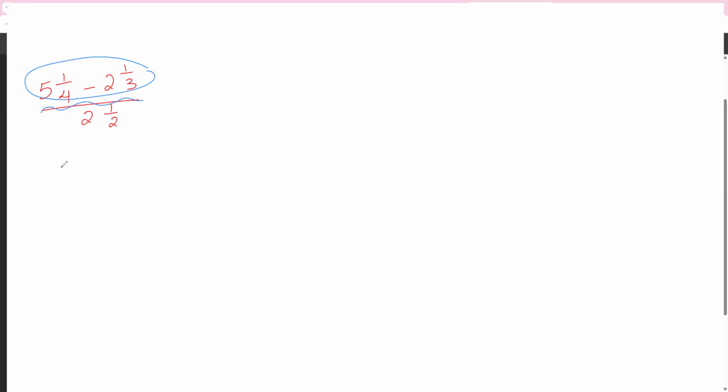This symbol here also means to divide. So it's going to be this divided by this. So we could rewrite this as 5 1/4 minus 2 1/3, but I'm going to put this into brackets. And then we're going to divide by 2 1/2.